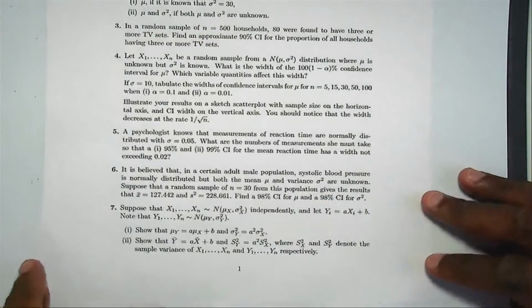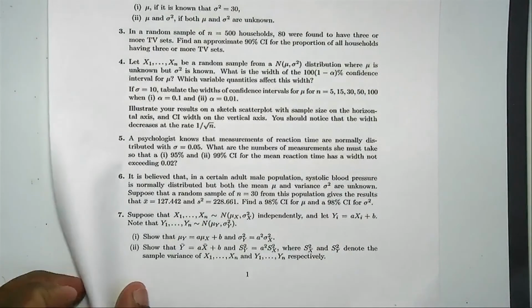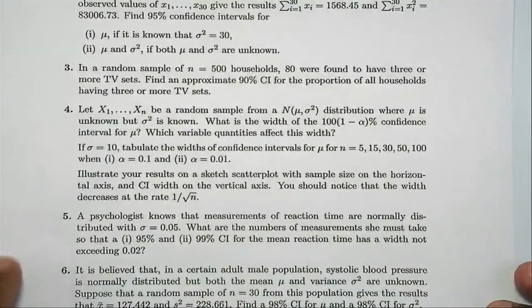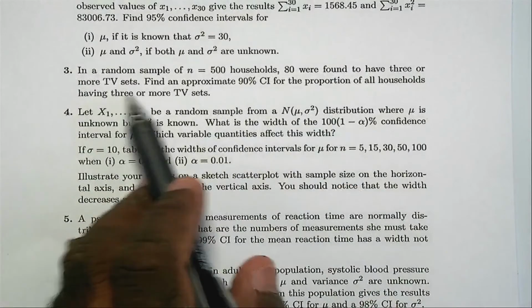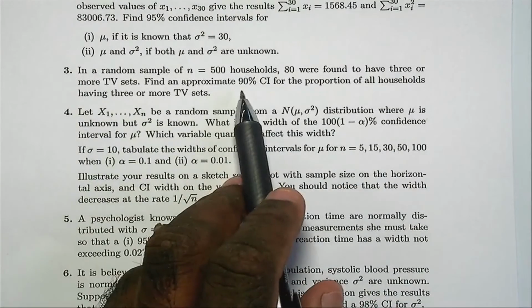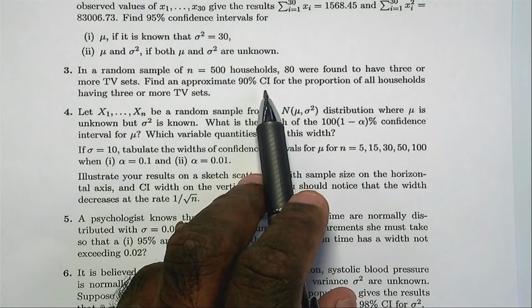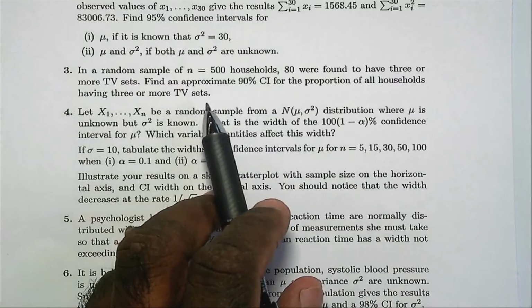All right. Next, question 3. You need to zoom it in. All right, here you have a random sample of 500 households. 80 were found to have 3 or more TV sets. Find an approximate 90% confidence interval for the proportion of households having 3 or more TV sets.